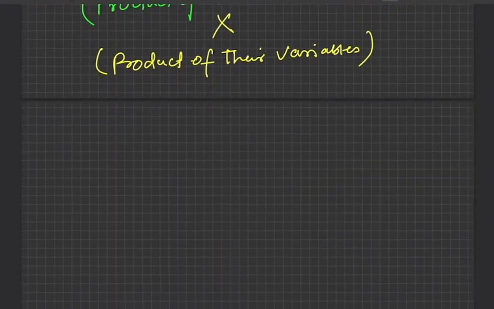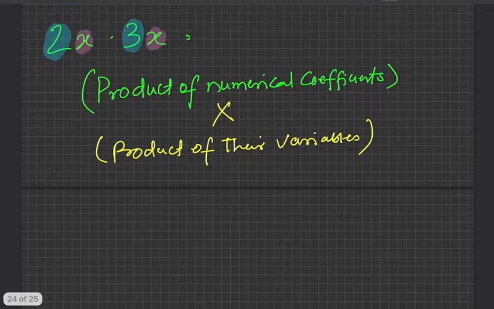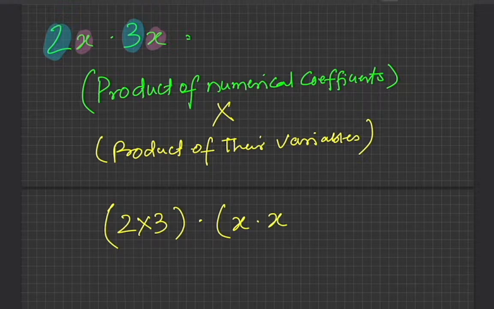Right? So let's plug the values here. The product of the numerical coefficients is 2 times 3, correct, times x times x. So 2 times 3 is 6, x times x is x squared, right?